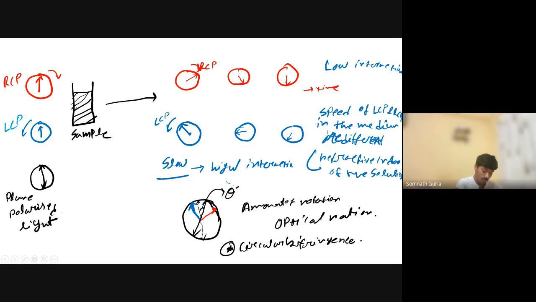Okay, my left hand circularly polarized light and right hand circularly polarized light travel at a different speed, which is actually associated with the refractive index. This is one mathematical term connected with that.